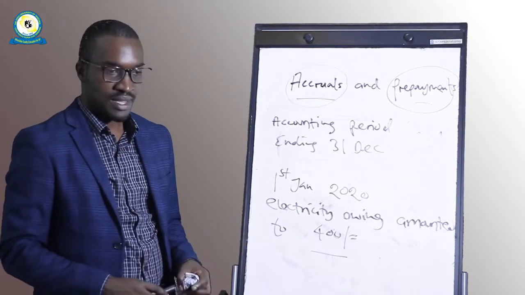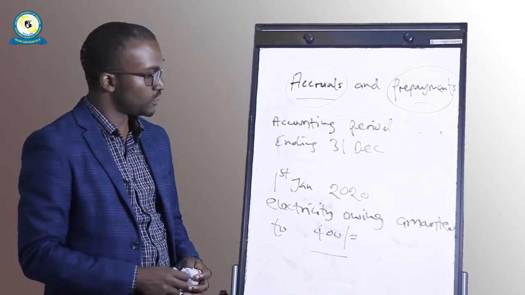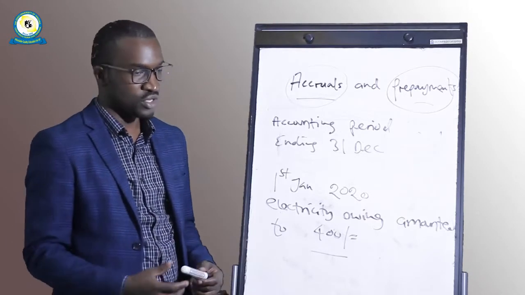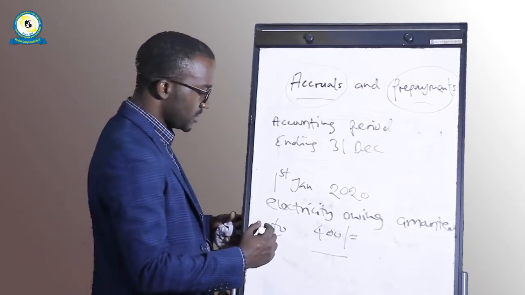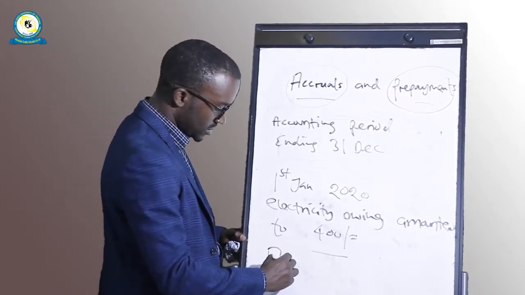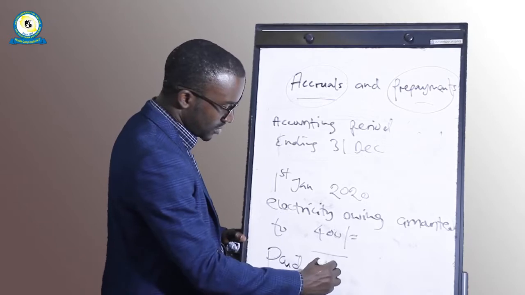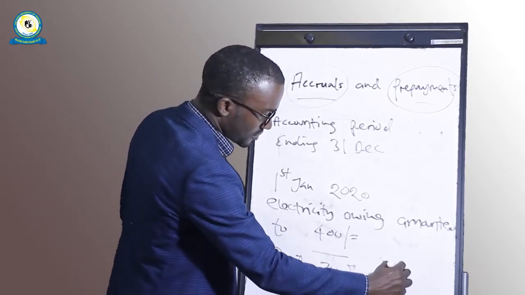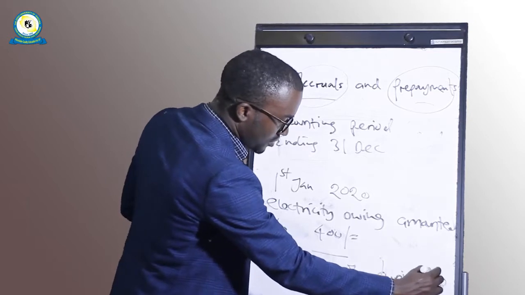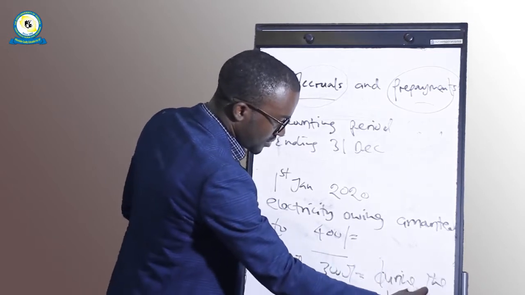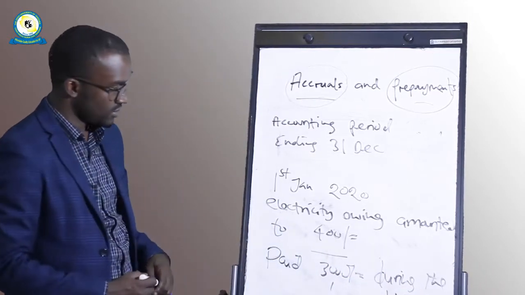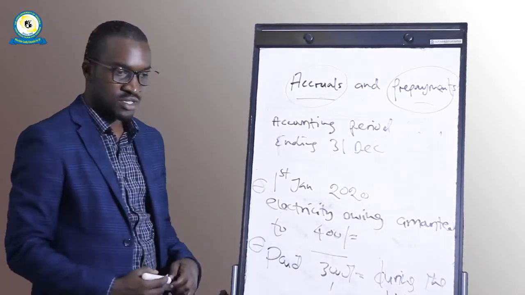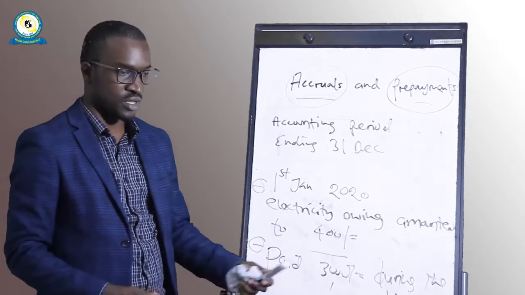Okay. And we also assume that the business paid 3,000 during the year. So that is again an assumption that the business paid 3,000 during the year.